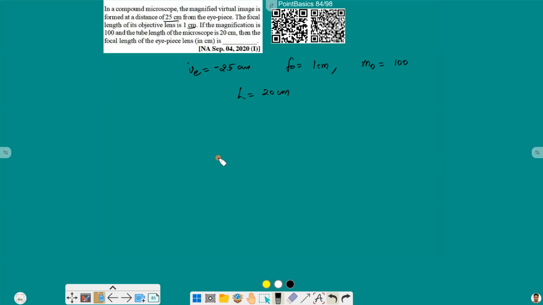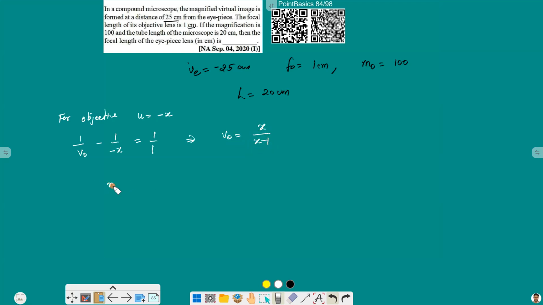So first we will start with the objective and then we will move to the eyepiece. For the objective, let us assume that U is equal to minus X. So we can write that 1 by V_O minus 1 by negative X is equal to 1 by 1. Now from this, the value of V_O is equal to X by X minus 1.